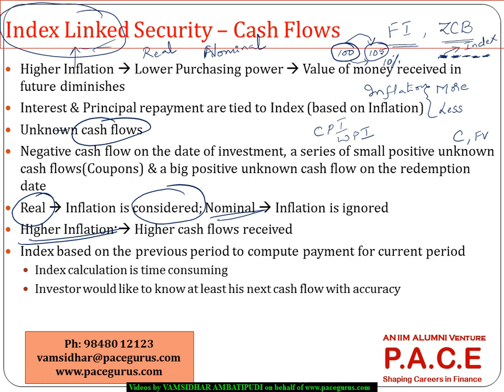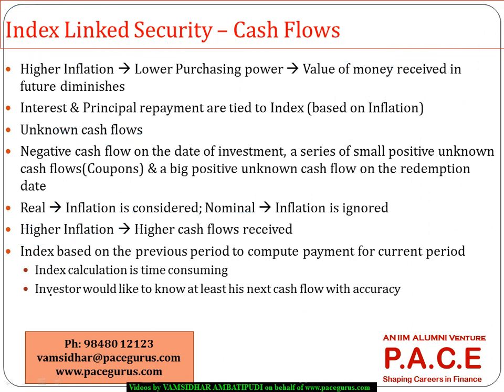But one simple measure that needs to be understood here is the inflation index. We said that the coupons will be based on an inflation index. Suppose I have purchased an instrument in 2012.